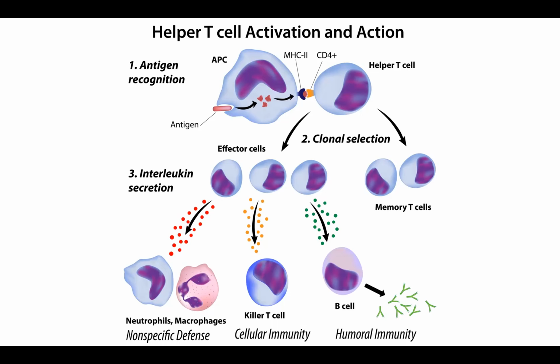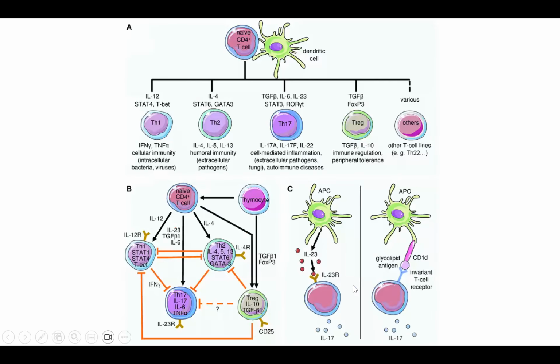It's going to go and attack the cell that happens to have that type of antigen. And it can also help with humoral immunity, which is through the B cell pathway to produce the antibodies.